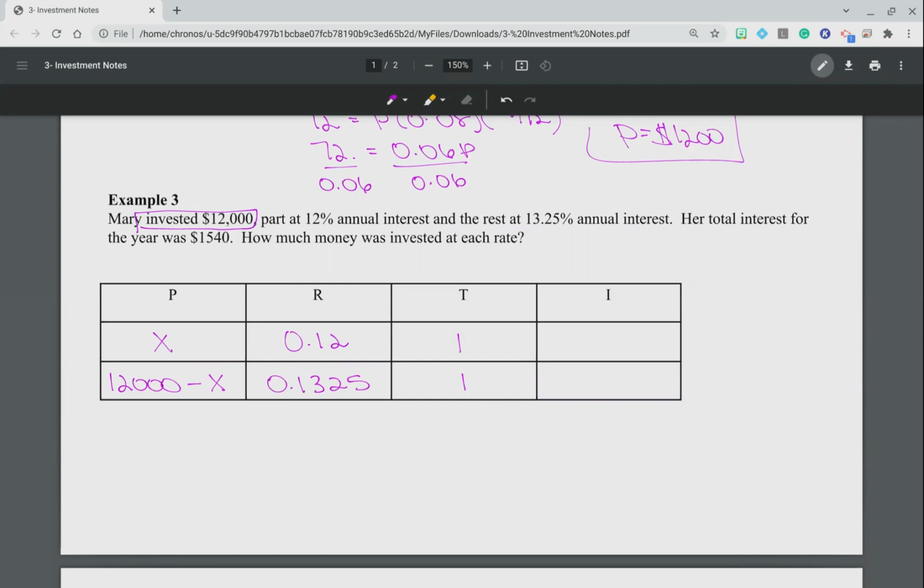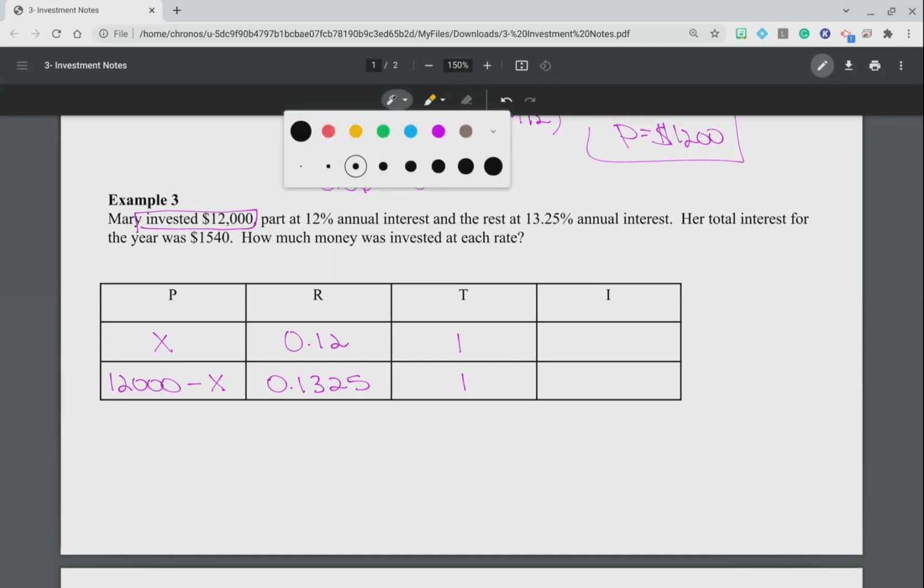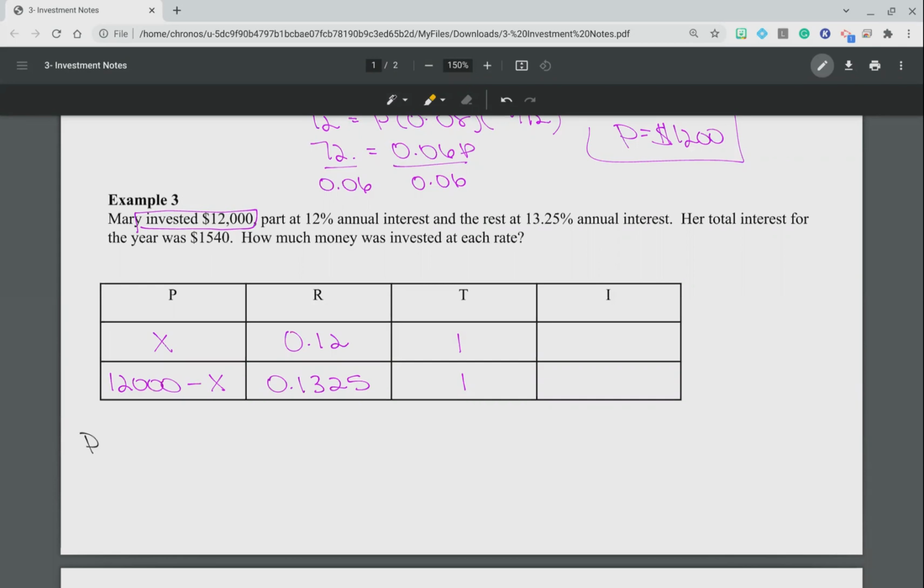Now, just to show you why that works, I know that P, you don't have to write this down, is equal to 12,000. So if I take the amount that I invested at 12% plus the amount that I invested at 13.25%, those cancel and I'm left with my original 12,000. Okay, so that's why we set that part up that way.